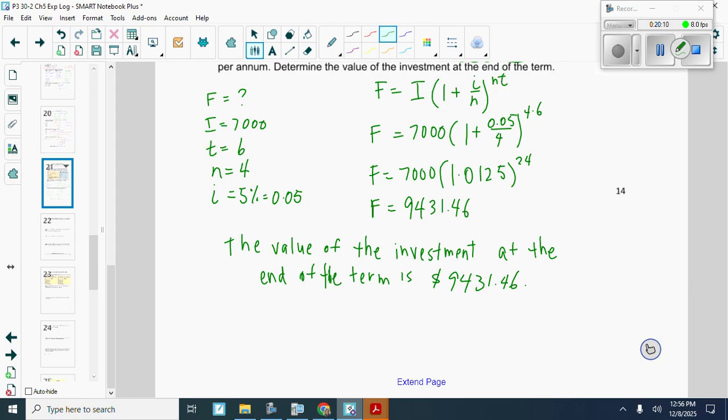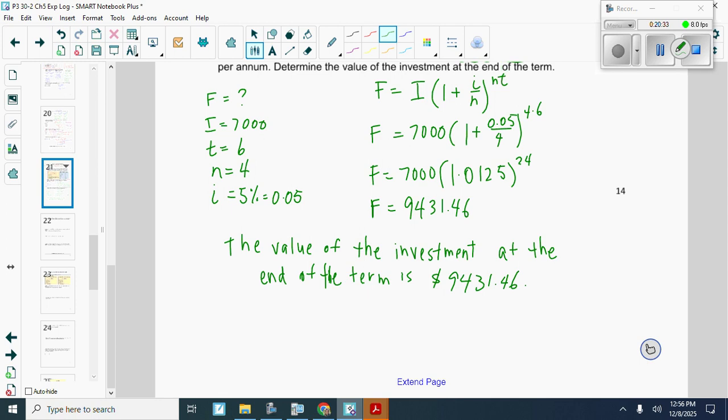Okay, so you've seen how it works to find the final amount. Okay, that's your most basic, right? Plug your numbers into your formula and just have your calculator calculate it for you. Okay, but what happens if they change it up a little bit and they know how much you made at the end? They could ask you what is your initial amount that you invested.